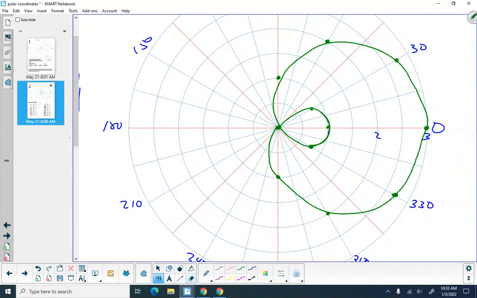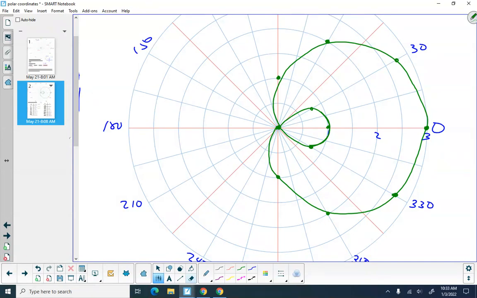Once again, this is not a straight edge type of graph. This is a curved graph. And what this graph is called, this is called a limaçon with a loop, for you Irish people, because we have a loop in here.